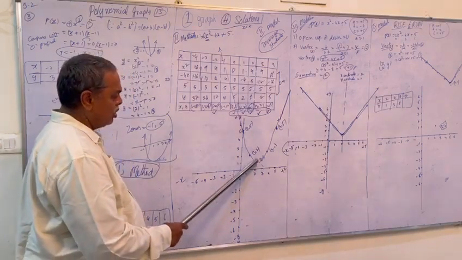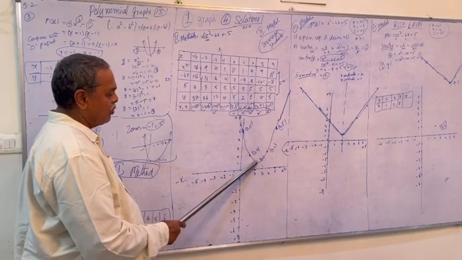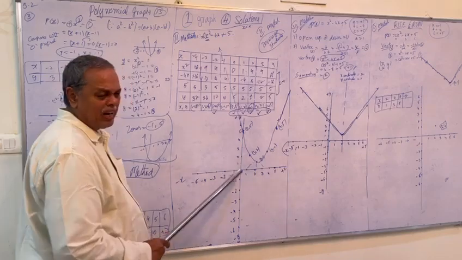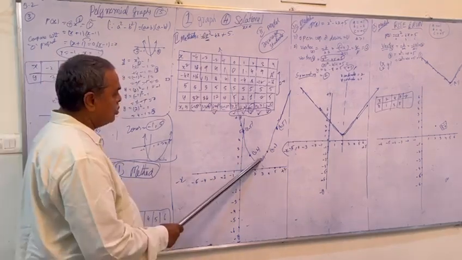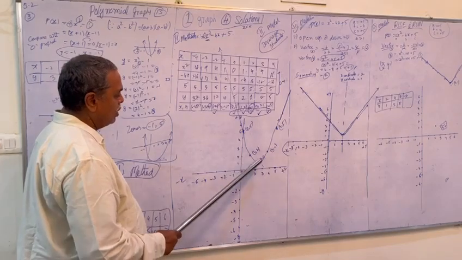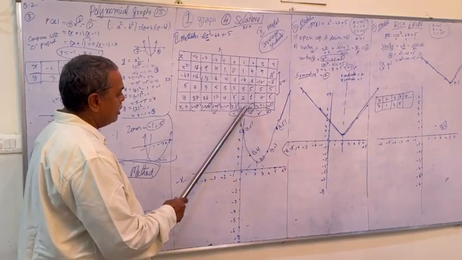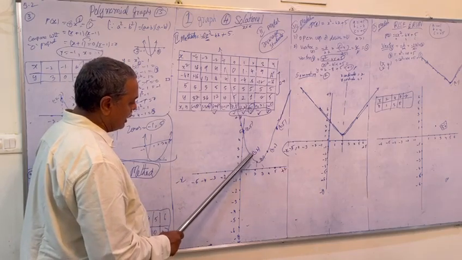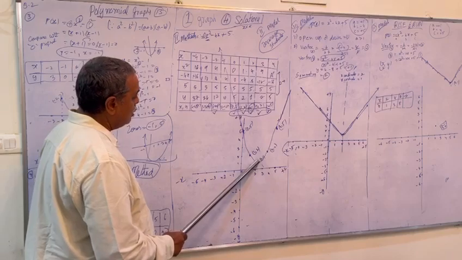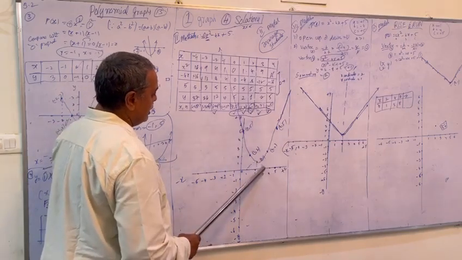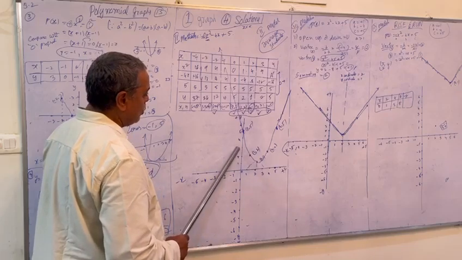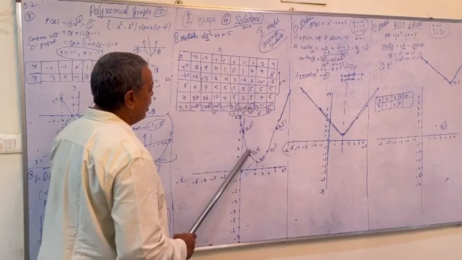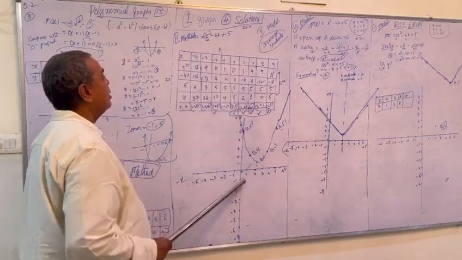This is 2, this is 1, this is the vertex point. Next 3 and 2, x 3 and y 2. This is the point. Then we will have to plot this whole diagram in the second method.